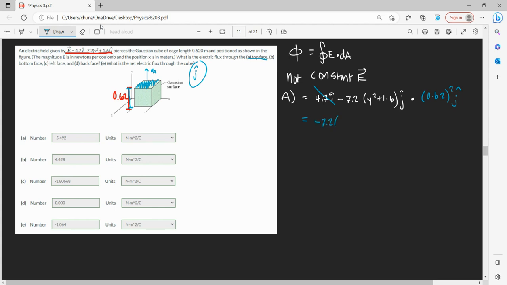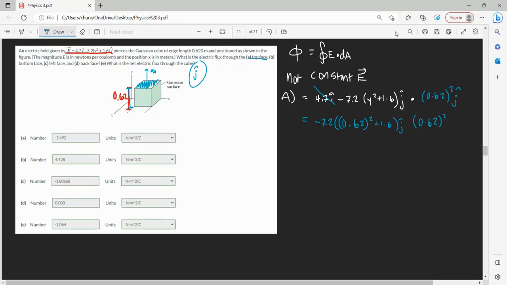So negative 7.2 times 0.62 squared plus 1.6, times 0.62 squared.